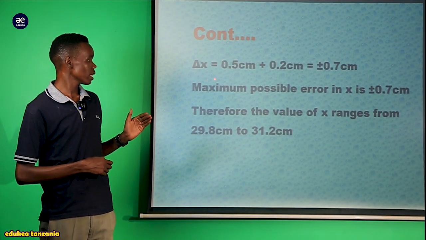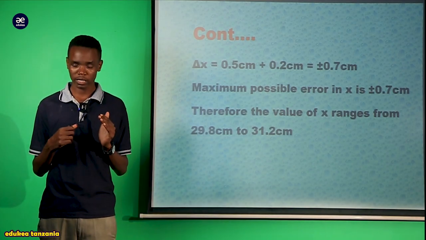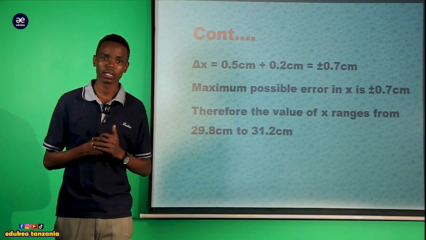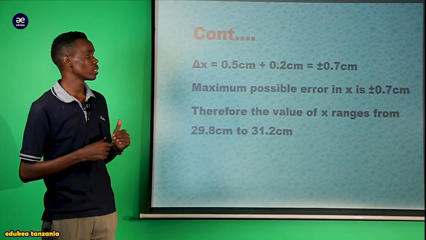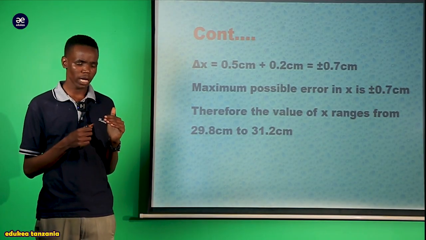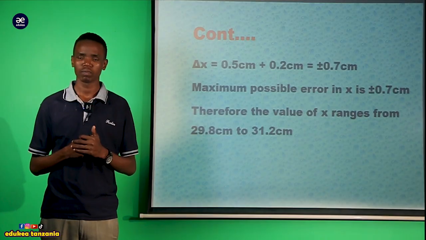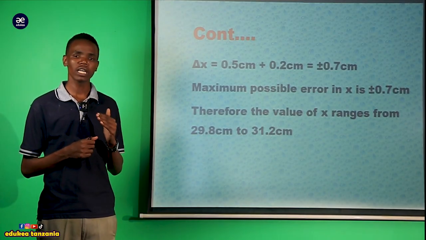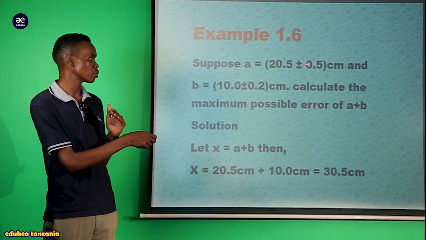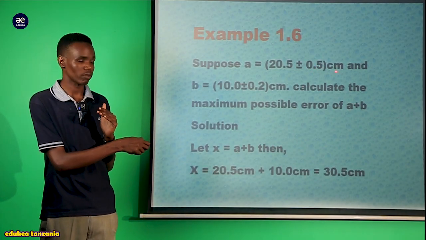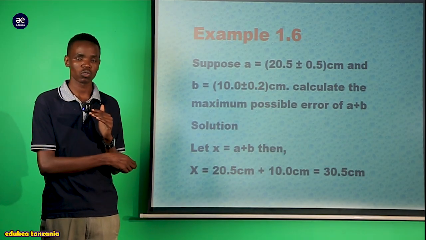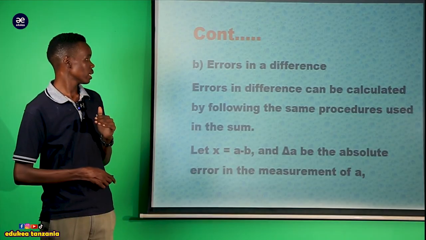But the absolute value of x, the maximum absolute error of x, will be equal to the absolute value of A added to the absolute value of B. Tulipewa hapa absolute value ya A ni 0.5, and also the absolute value of B equals 0.2. Now we can substitute.